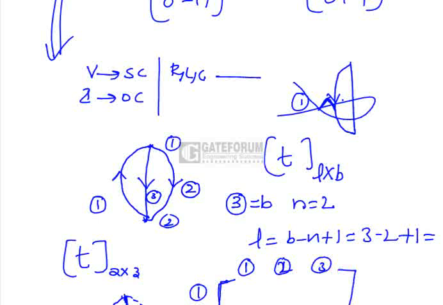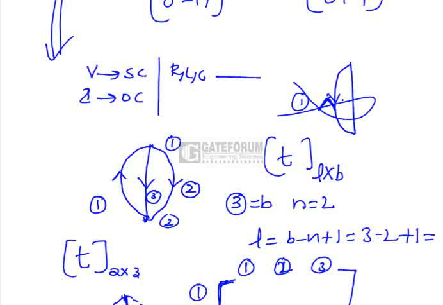Now consider loop 1 here. This is 1, 2 and this one is 3. After marking these, the loop matrix is drawn in terms of voltage drop in a loop. Now consider the direction of current like this.